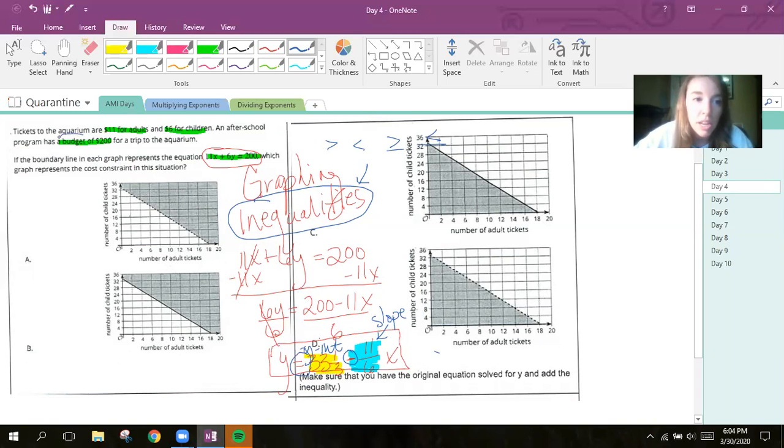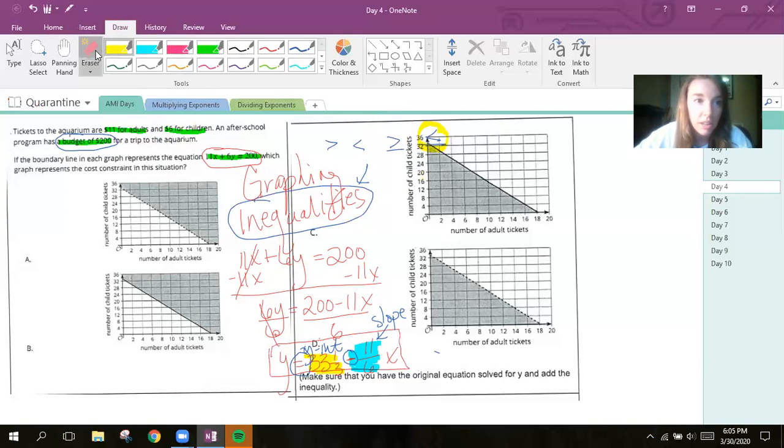It says we have a budget of $200. So if you have a budget of $200, that means you can't spend greater than $200. That means you can spend exactly $200, or you can spend less than $200. So the inequality sign that we're going to use is the less than or equal to sign.